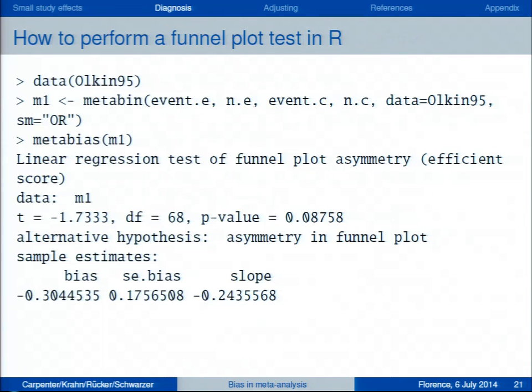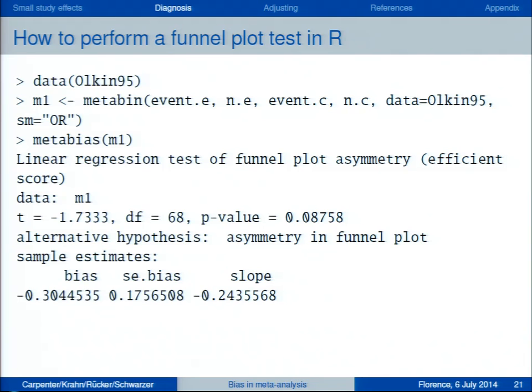modified tests. And now, how to perform a funnel plot test in R. That's very easy again. You have a meta-analysis, that is the data we have used a few minutes before. And the function in the meta package doing funnel plot tests is called metabias. So, you get the Egger test if you take, is this the Egger test or?